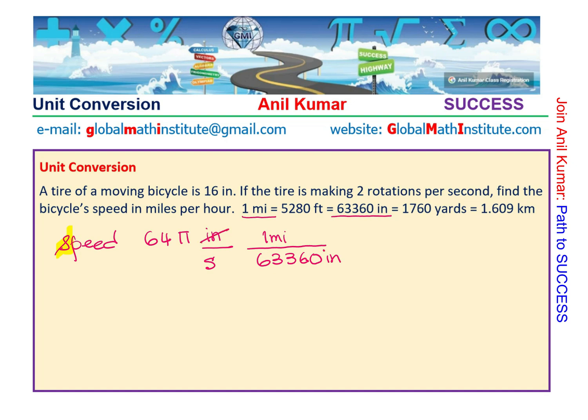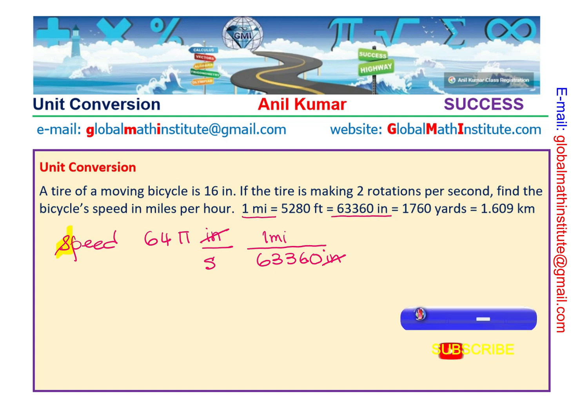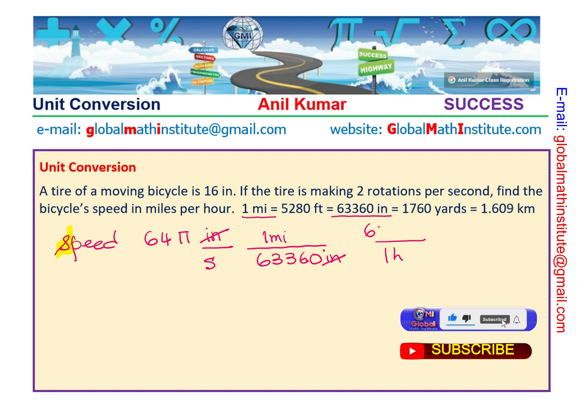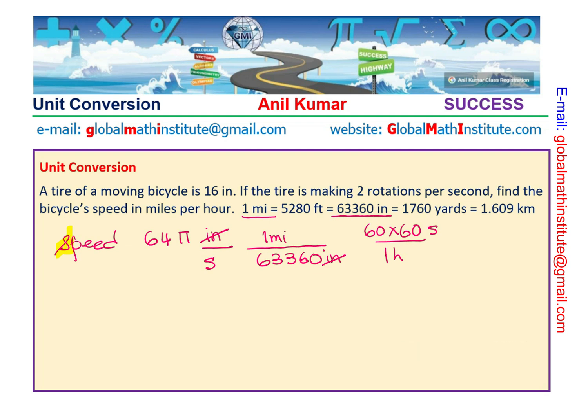So inch and inch will get cancelled, and you can clearly see how we are converting the units. Now seconds and hours. 1 hour is equal to 60 minutes times 60 seconds, so 1 hour is 3600 seconds.